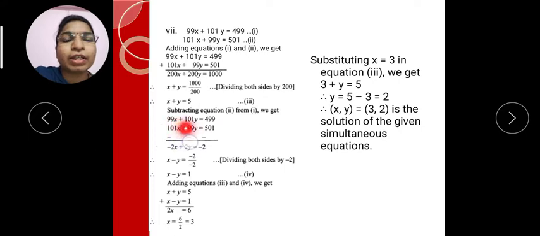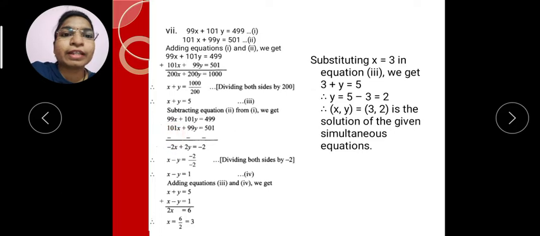Now listen. 99x plus 101y is equal to 499. The second equation is 101x plus 99y is equal to 501. So I am subtracting the first equation and then the second.